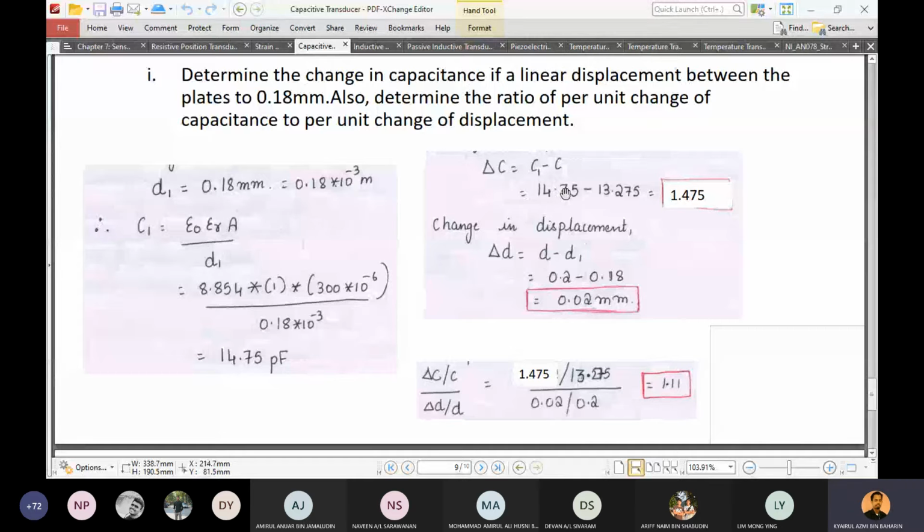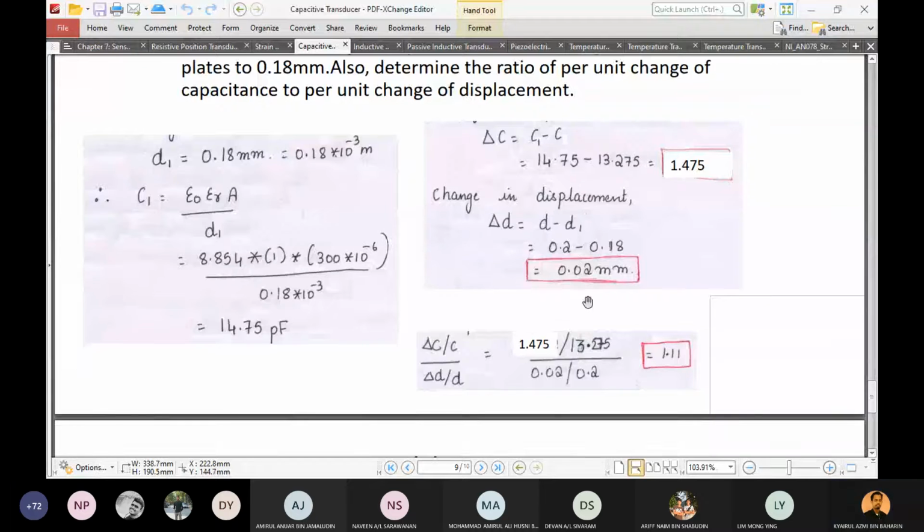To determine the ratio, we first calculate the change in capacitance. We subtract the values to get 1.475 picofarad. For the displacement, we subtract the distance values to get 0.02 millimeter. Then we determine the ratio per unit change using this equation to get the answer 1.11.